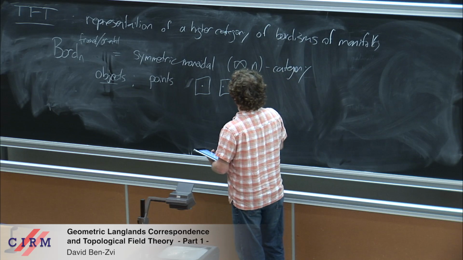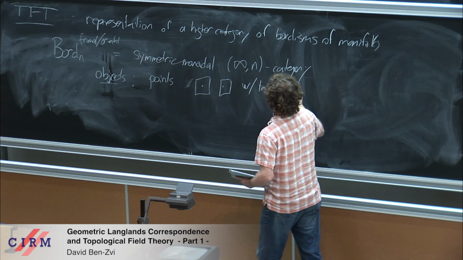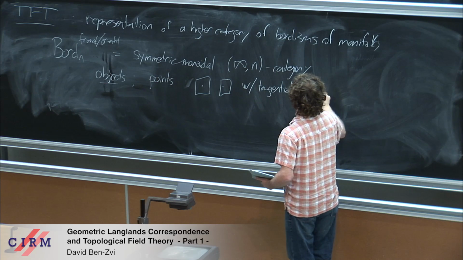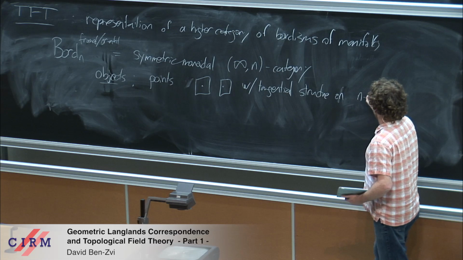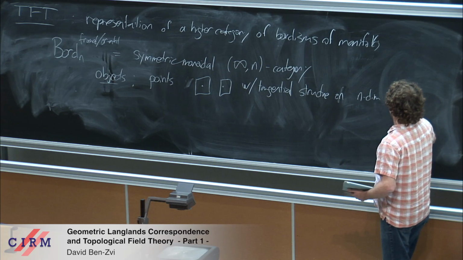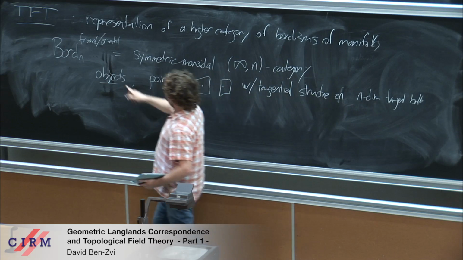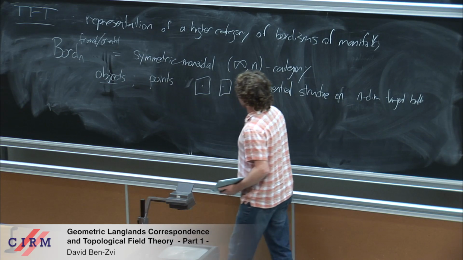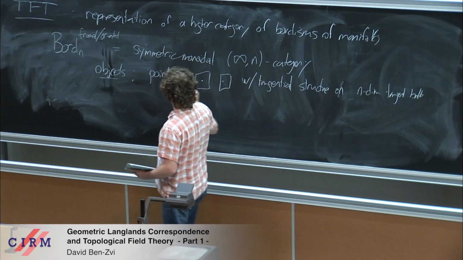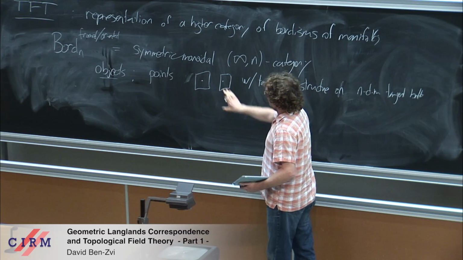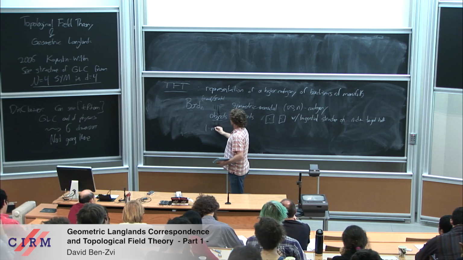And I'm going to give this some tangential structure on this n-dimensional stable tangent bundle. So in other words, if I look at a framed field theory, I just take the n-dimensional trivial framed vector space at each of these points. So it's some zero manifold, but then I think of them as having an n-dimensional tangent bundle, with some structure on that. Now, what are my one morphisms?